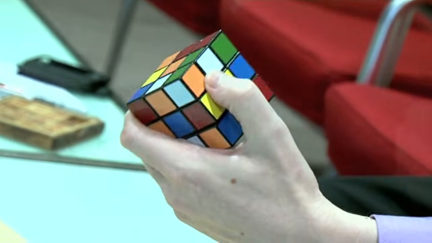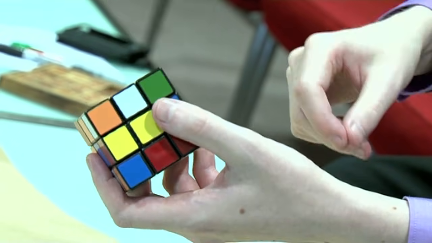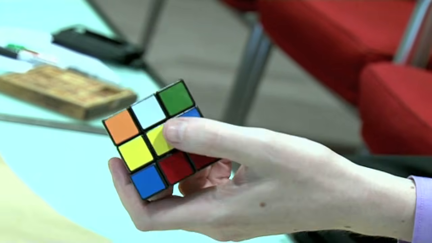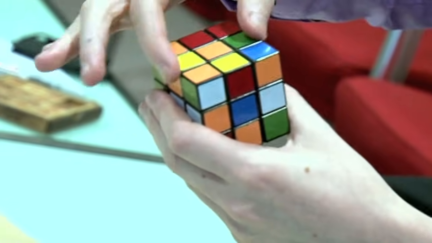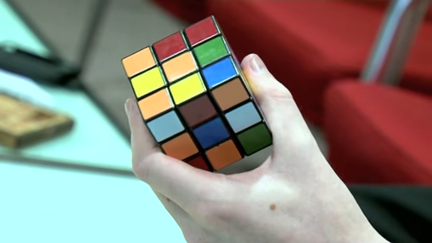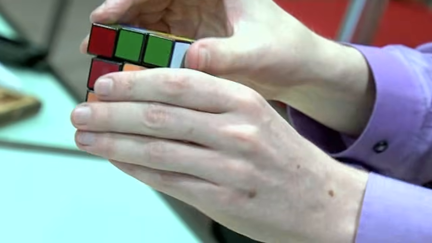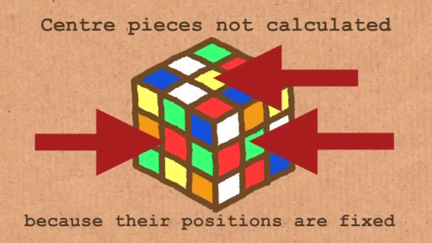So if I do that with one of the edges, you get this whole new set. If I do that with the corner, there are 3 ways to turn the corner. And again, for each one of those, you get a whole new universe of combinations. And finally, if I take 2 pieces, like 2 edges or 2 corners, and swapped them over, you again get a whole new universe that you can't really reach on a standard Rubik's Cube.